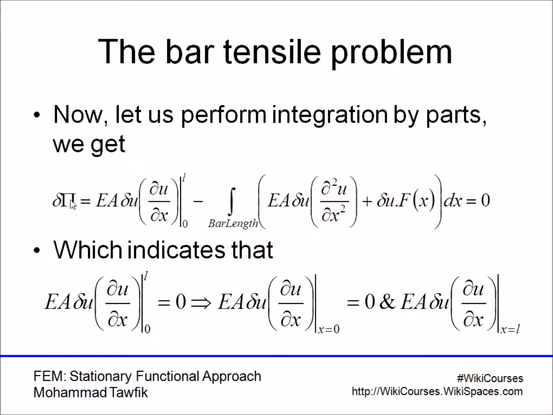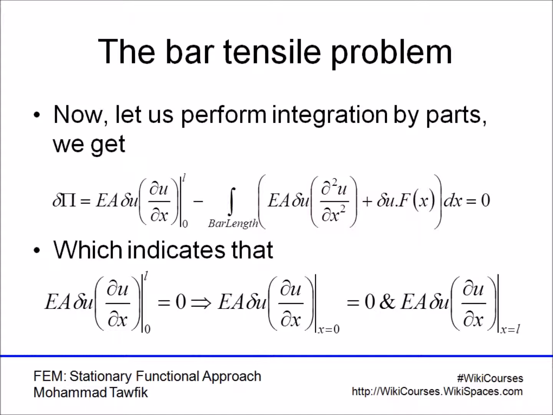Let's focus for a minute on the boundary term that we got. Here the boundary term says that the variation of u multiplied by the strain at x equals 0 should be equal to 0, which is what we know physically from the boundary conditions of a bar.